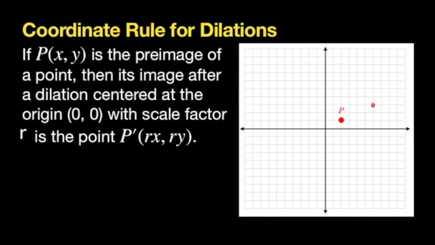So our point P prime is going to be at x times R, comma, y times R. And our original point was just x, y.